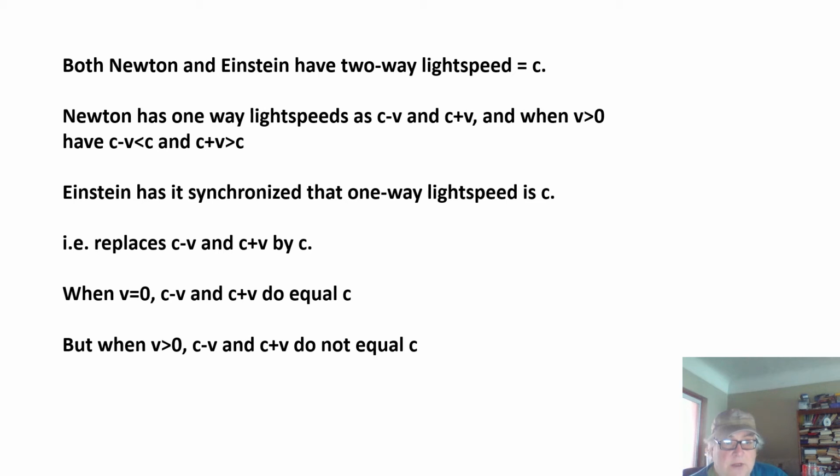Einstein has synchronized things so that one-way light speed is c. So he's replacing c minus v and c plus v, which Newton has, by c. When v equals 0, c minus v and c plus v do equal c. But when v is greater than 0, they do not equal c.